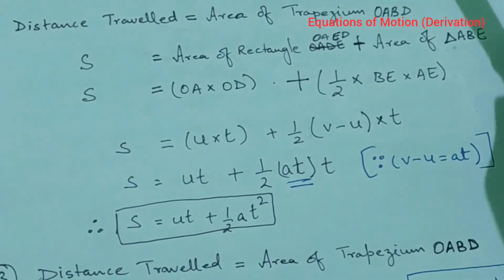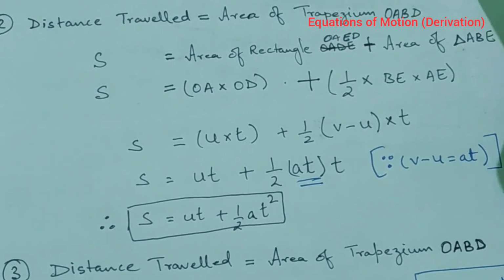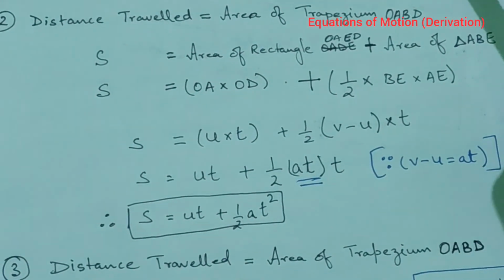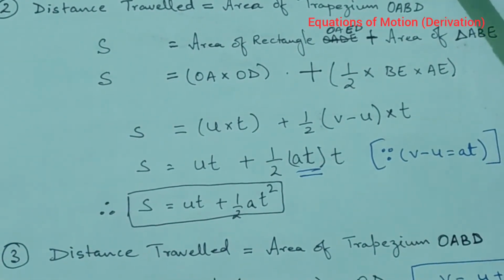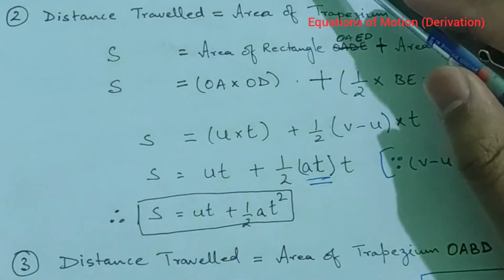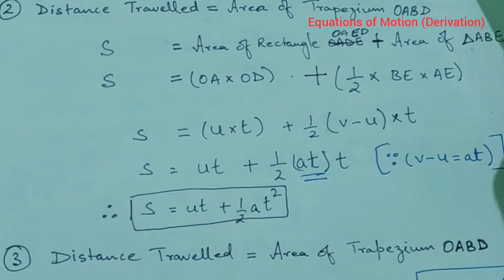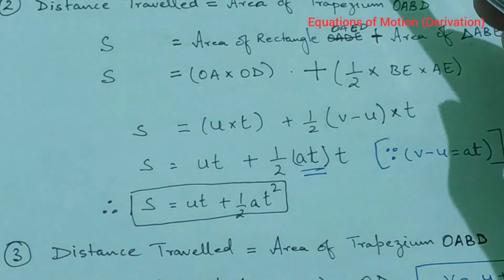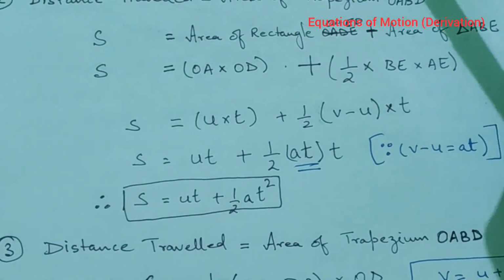Now AC is this length, which can be represented as the total length OC minus OA. The value of OC is v and the value of OA is u.